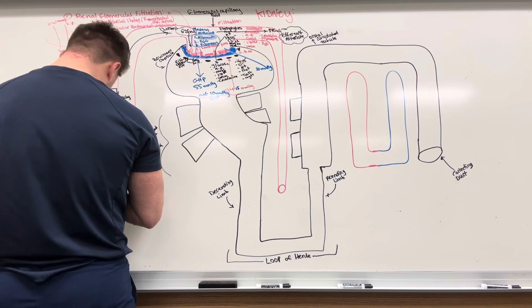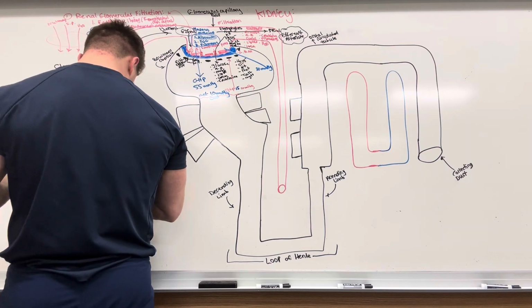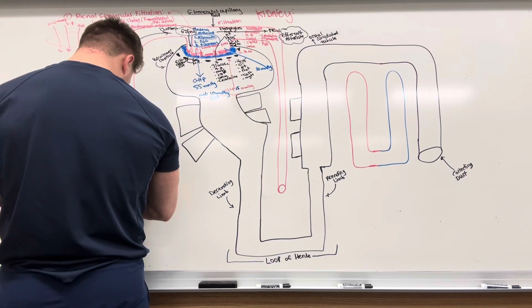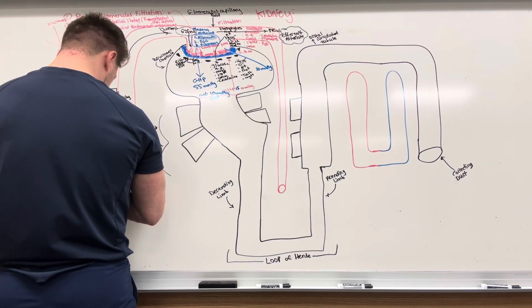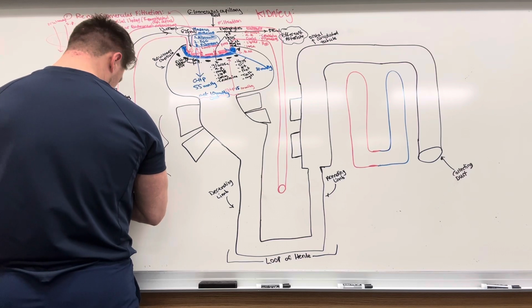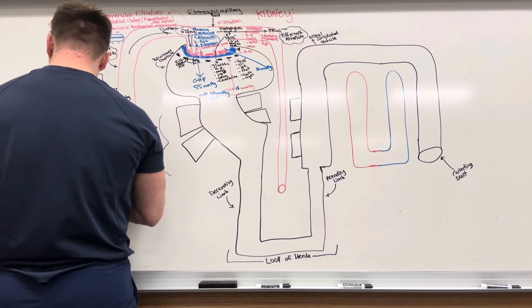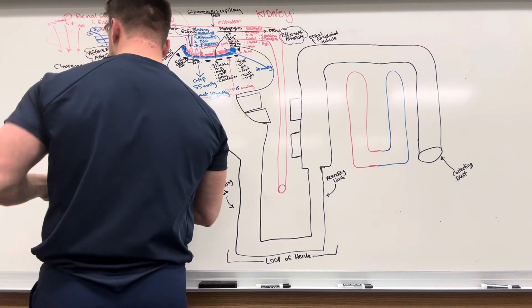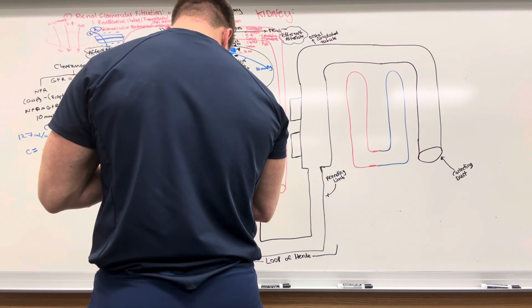That would be our creatinine, as I labeled up here. Clearance equals U of X times the rate over P of X, in milliliters per minute.